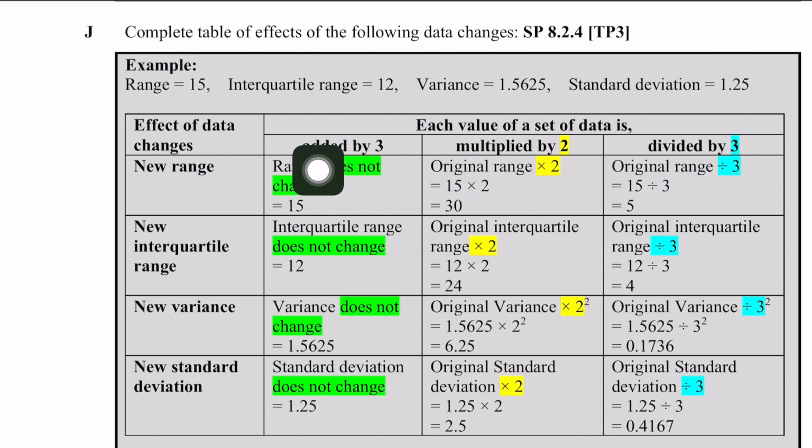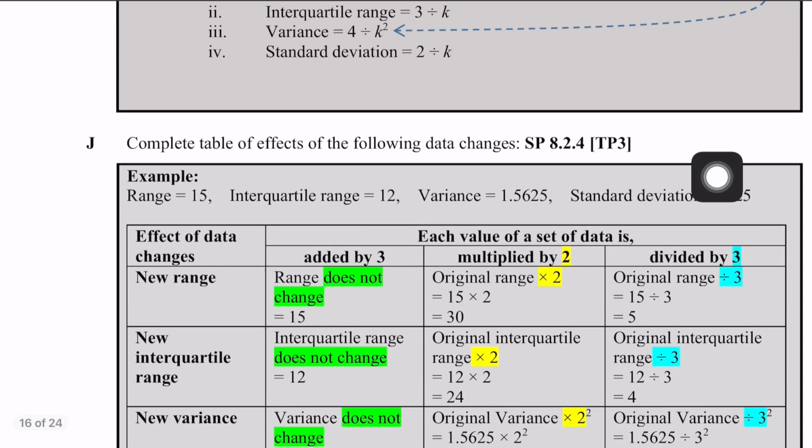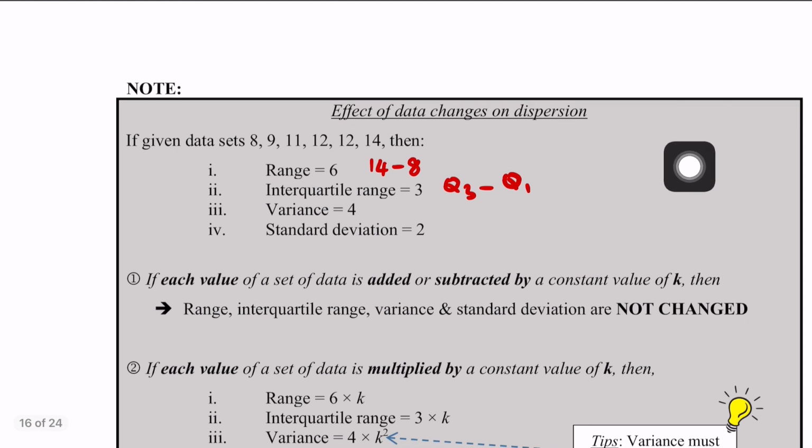What does it mean by added by 3, multiplied by 2 and divided by 3? Itu maksud dia, each of this number kita tambahkan dengan 3. Contoh 8 tambah 3, 9 tambah 3, 11 tambah 3 dan seterusnya. Kalau dia bahagi pula, 8 bahagi 2, 9 bahagi 2, 11 bahagi 2 dan seterusnya.